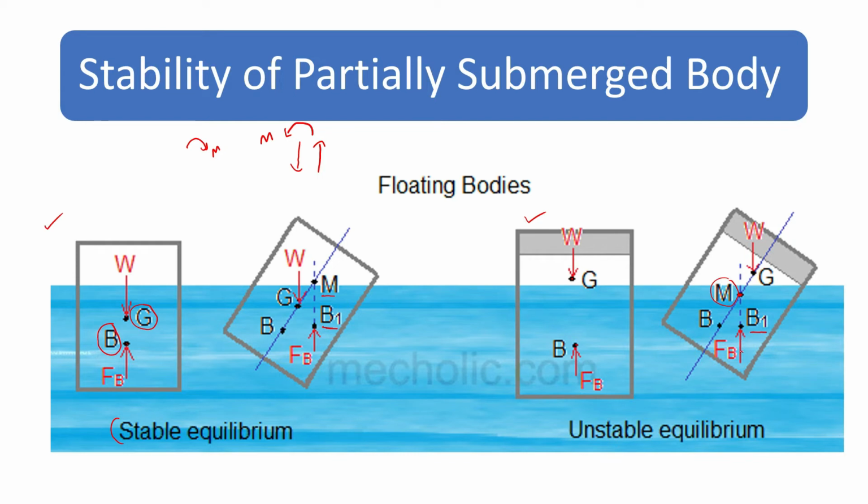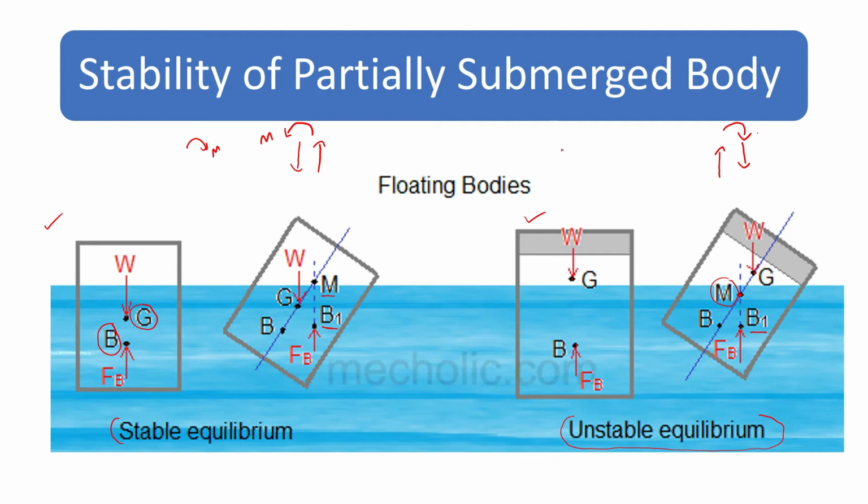The buoyant force is acting at B1, and the gravitational force is acting at G. So let us see the couple that is created. You can see that the couple created is in the clockwise direction, and this clockwise moment will cause the body to tilt rightward. It will not come back to its initial stable position. So this body is said to be unstable. This condition is the unstable equilibrium condition.